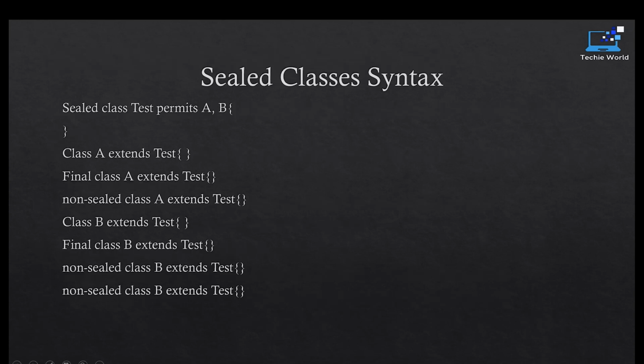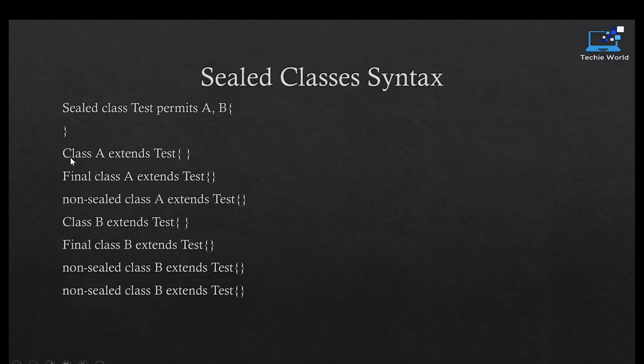In the sealed class syntax, I have written sealed class Test permits A and B. Okay, so whether this statement is correct or not, we'll see. And then I'm writing class A extends Test. So this Test is permitting class A. Can we write class A extends Test?